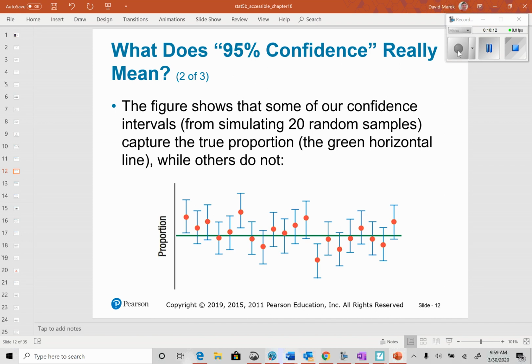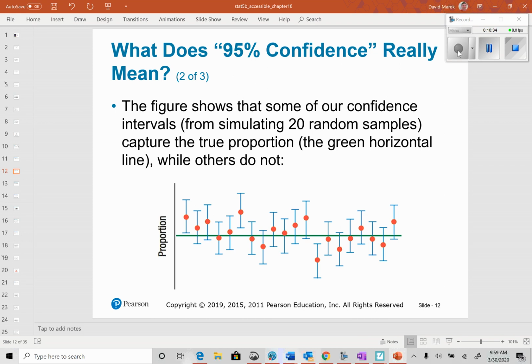That's understandable. And then what they've done there with those blue segments is given a confidence interval. Most of those confidence intervals do capture that green line. Some of them don't.